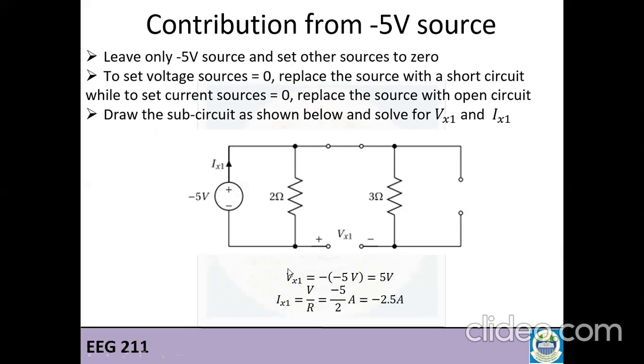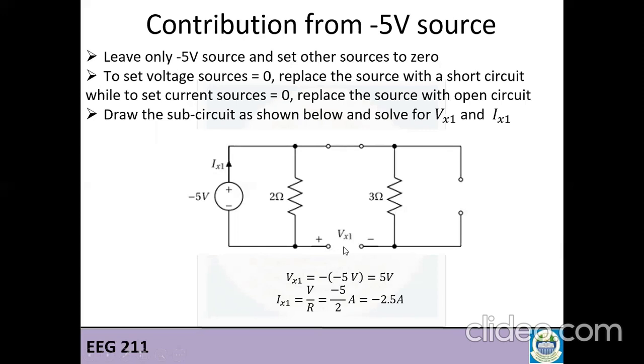In this case, if you apply the principles, or even by inspection, you will easily see that your Vx is the negative of minus 5 volts. Why?